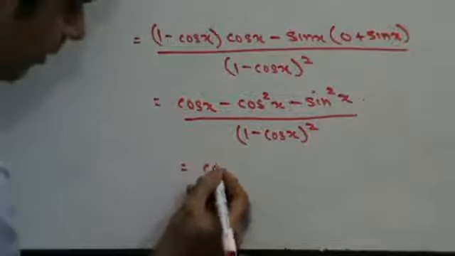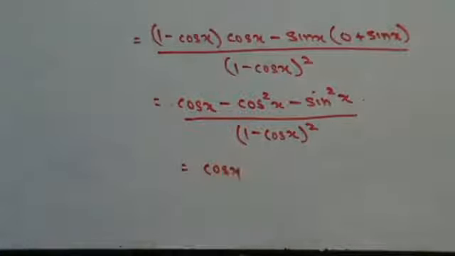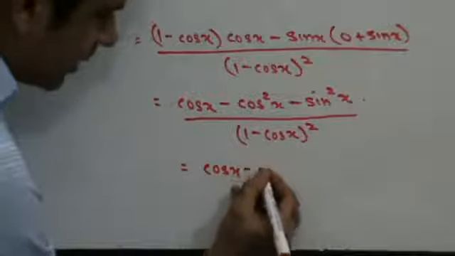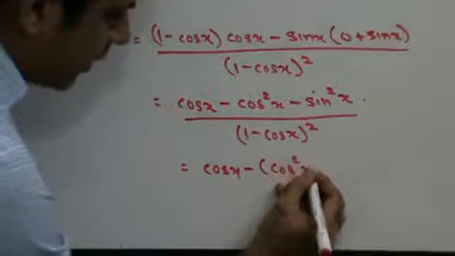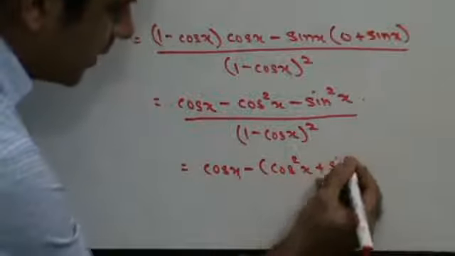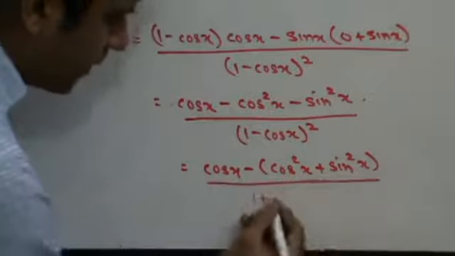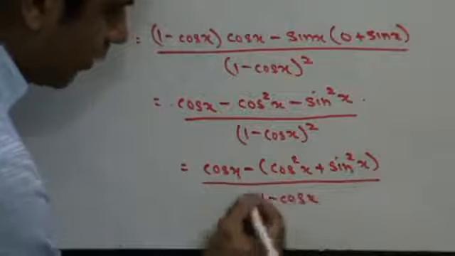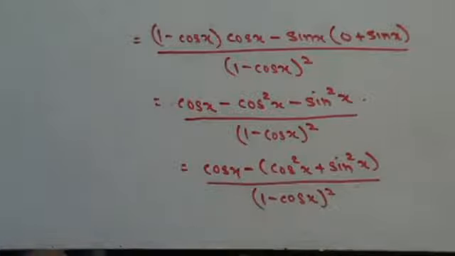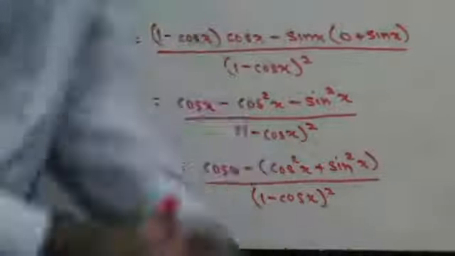Here I could take minus sign common. If I take minus sign common, this is cos square x plus sin square x upon 1 minus cos x the whole square. Now I'll continue this up there, guys.